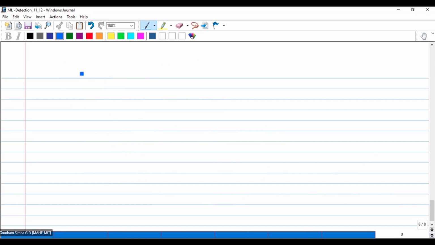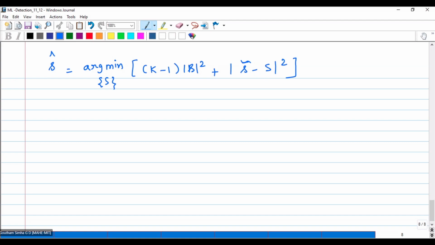So what does it mean? S cap is equal to argmin of S into K minus 1 S square plus S tilde minus S. So you can still reduce this.